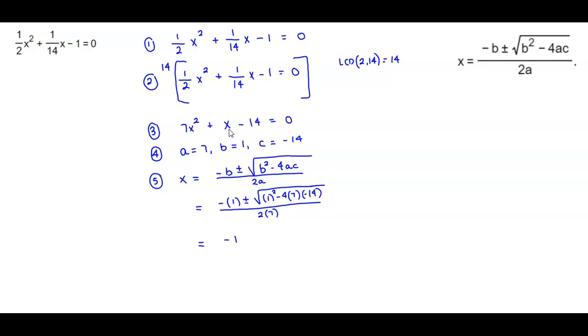So we get negative 1 plus or minus the square root of, this is 1 squared. So now we need to multiply negative 4 times 7 times negative 14. So let's go ahead and do that.